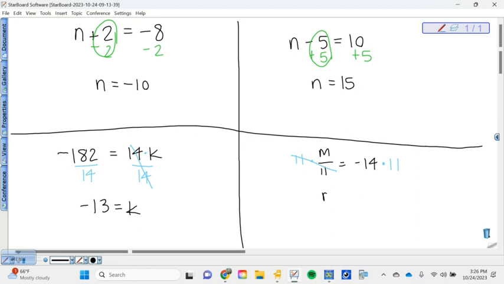So now I have m equals, good, -154. Very good. What did you do? That's what we did. Right? Okay, let's move over to the back.